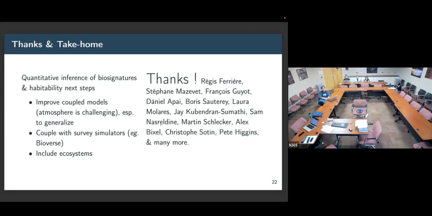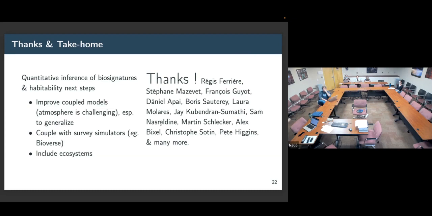As I mentioned, I really think that a crucial step is getting suited atmospheric models for this type of coupled approach. So not necessarily the best atmospheric model, but one that will be sufficiently good and run sufficiently fast so that it can be coupled in line with the rest of the model.